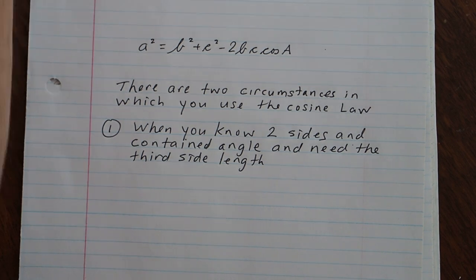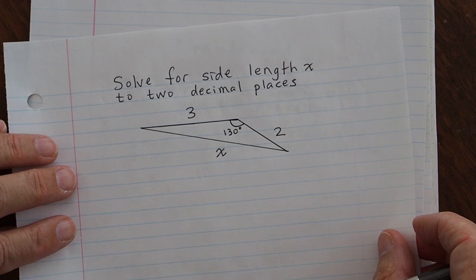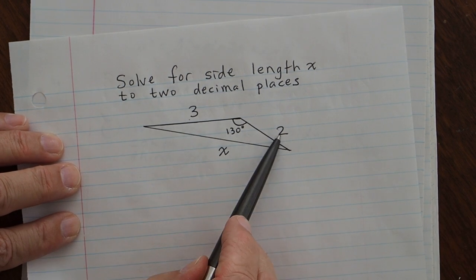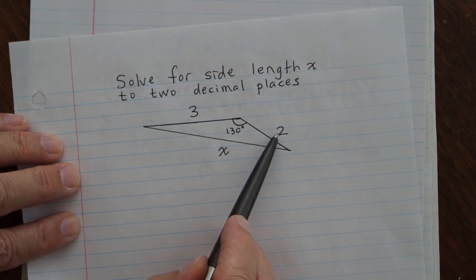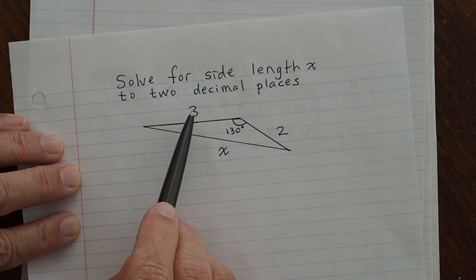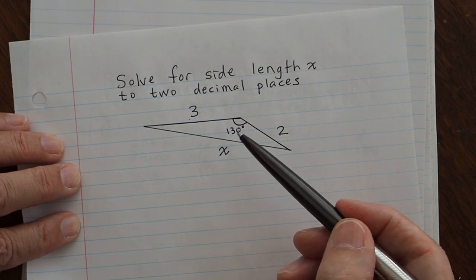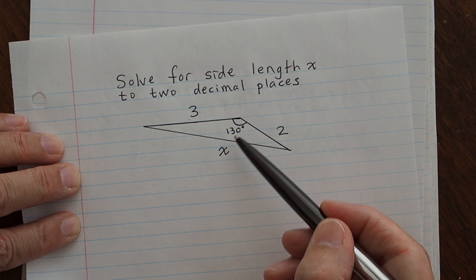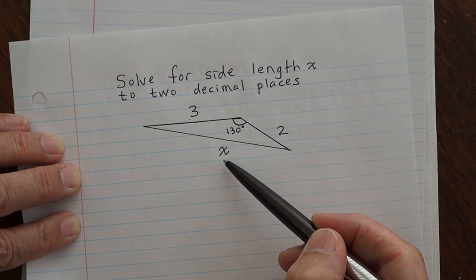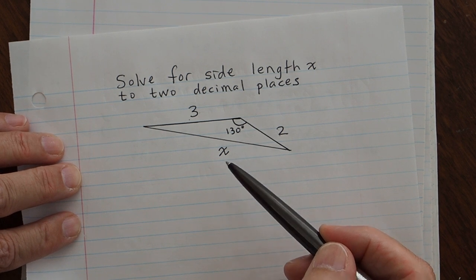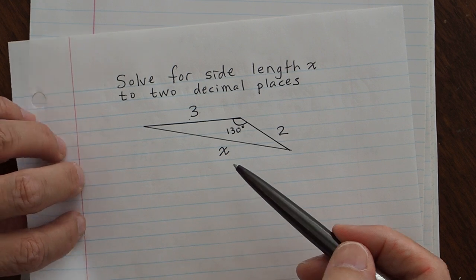In fact, it's the first example I'm going to do. So look what I have here. I know this side, and this angle is contained between the known sides. So we say two known sides and contained angle, and we need the far side, the third side. That's the first circumstance in which you use the cosine law. I'll be doing this exact example in just a minute.